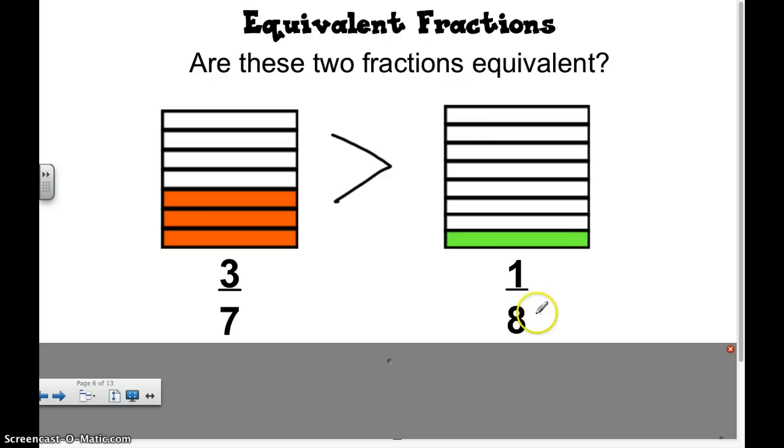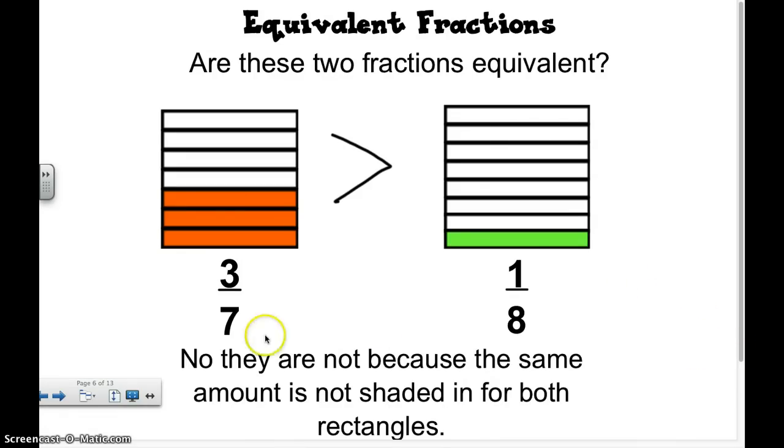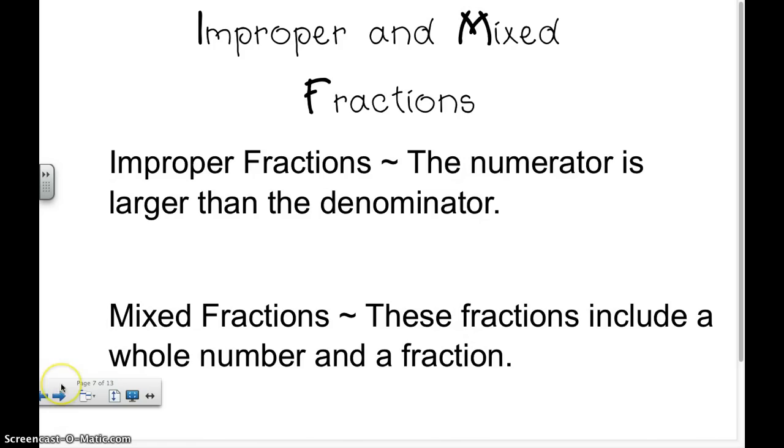It means that the pieces you are getting are smaller. So I would much rather have 3 out of 7 pieces than 1 out of 8. I'd even much rather have 3 out of 7 than 3 out of 8 because I am getting larger pieces. So these are not equivalent because the same amount is not shaded in for both rectangles.